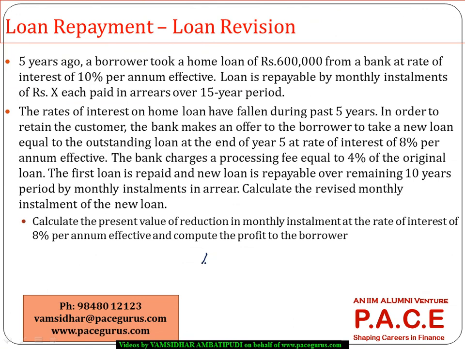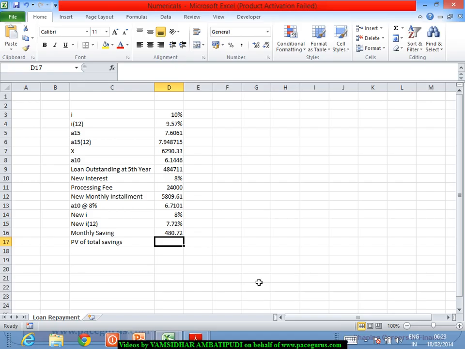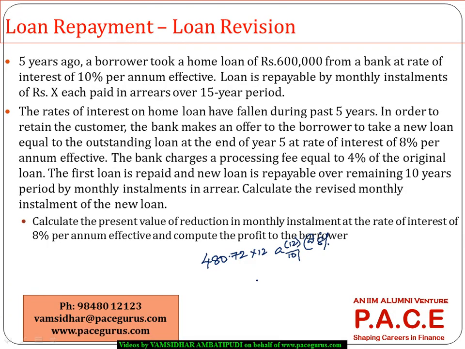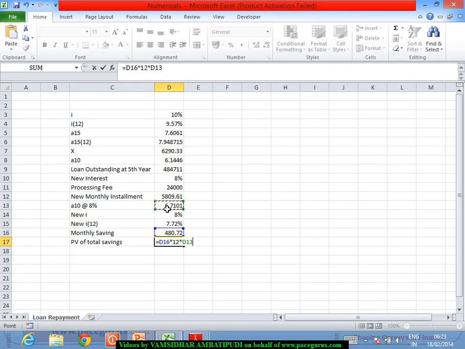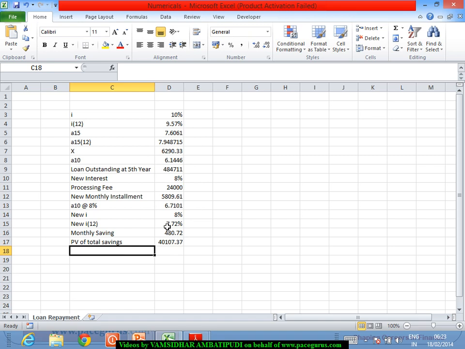So again, I can talk about 480.72 into 12, a10 at the rate of i12 and at 8% interest rate. So this is the present value of the total saving, which I can talk about as this times 12 times a10 times i divided by i12. So my total present value of the savings is this much.